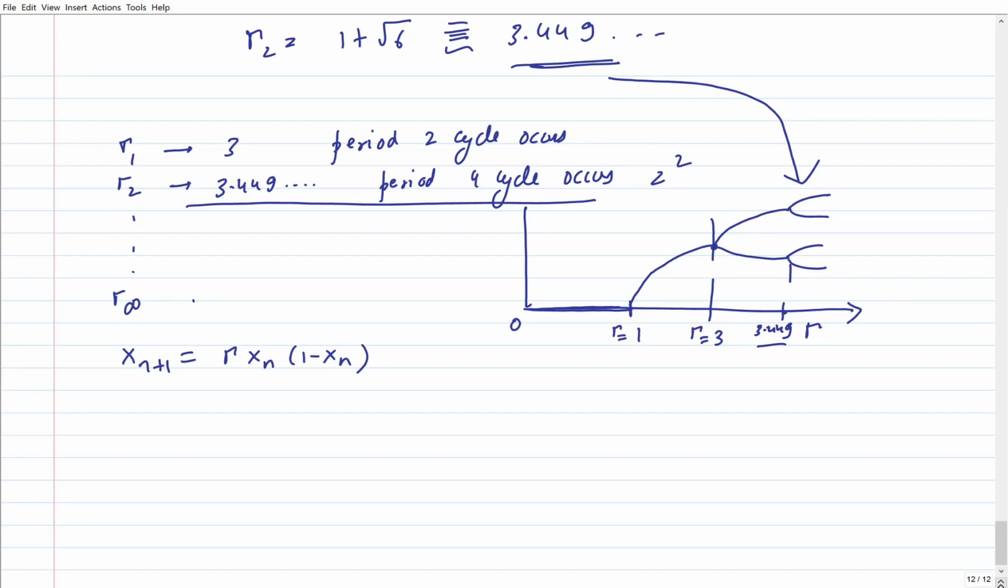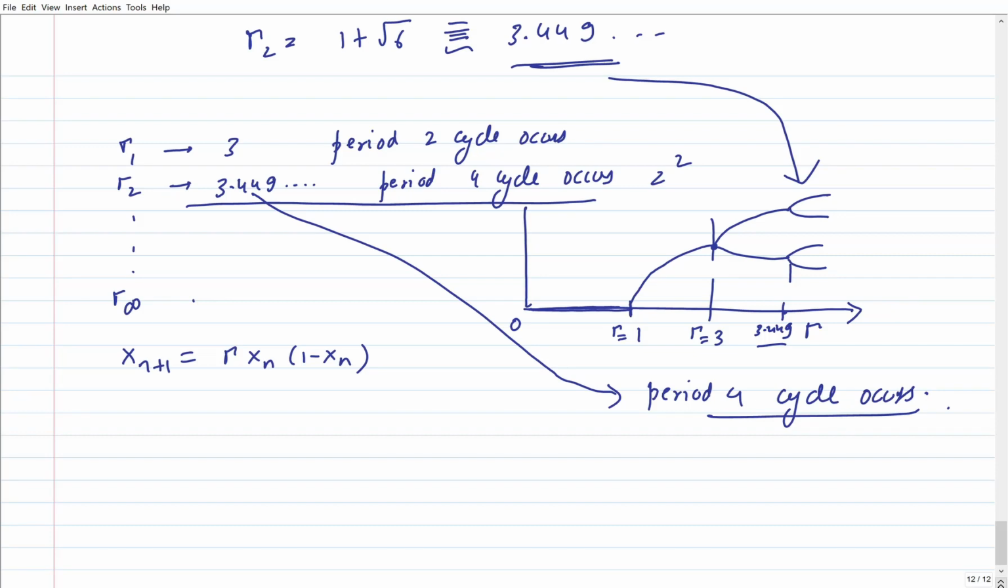Over here. And the story continues. When the period 4 cycle gets unstable, I have the period 8 cycle. So on and so forth.